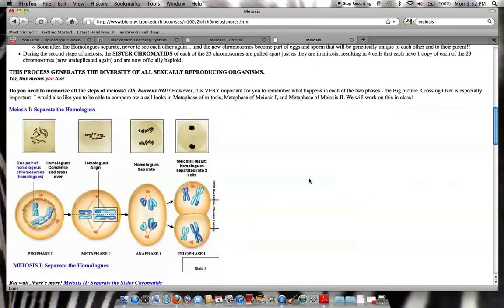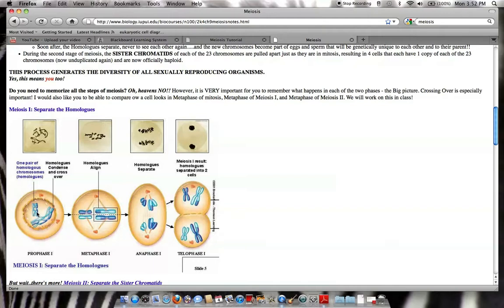Here. Okay. Meiosis 1, we have prophase 1, metaphase 1. Similar to mitosis in that the chromosomes are behaving the same way. Okay, in prophase 1 they match up with their matching homologue, so they'll become like a pair of homologues.